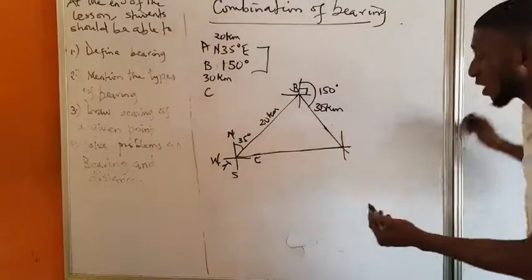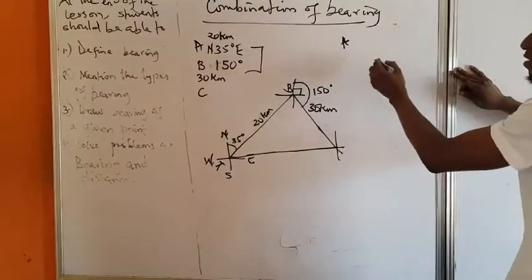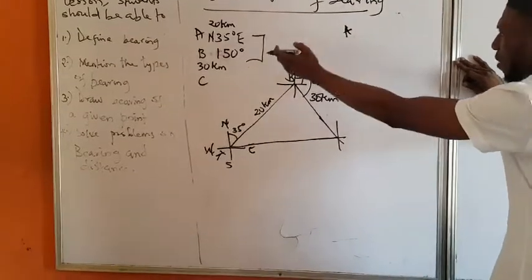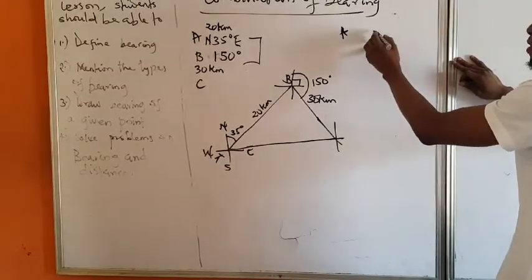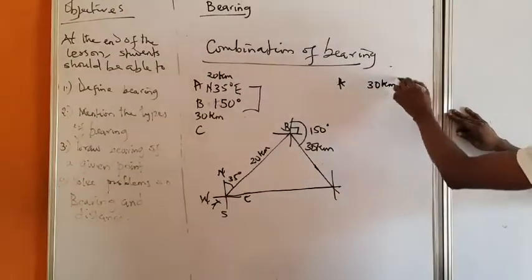And there are some cases where you'll be given maybe one directional bearing. Let's say A and B are points, and the man covers a distance of, let's say, 30 kilometers due north.